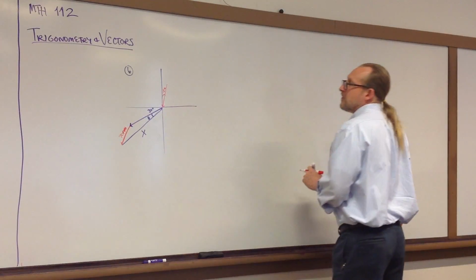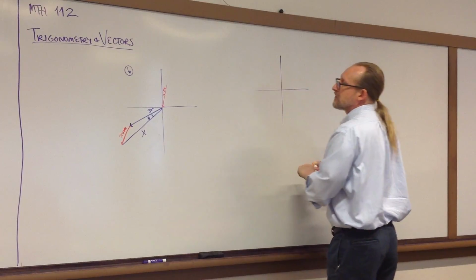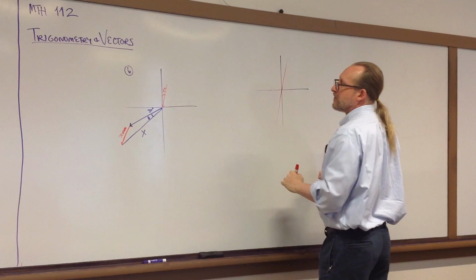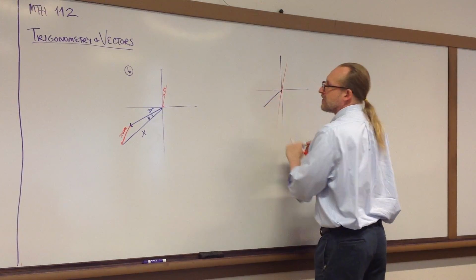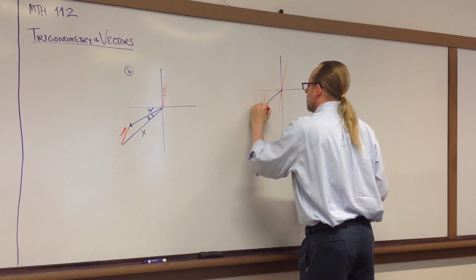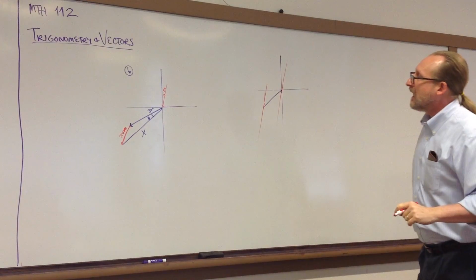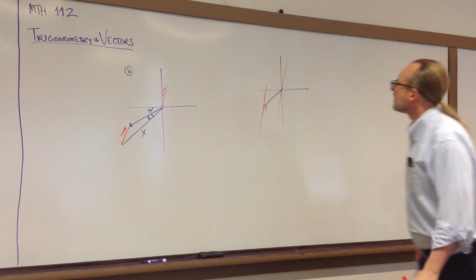We've got our north, south, east, and west, and there's one of the wind vectors. Here's the helicopter vector, and here's the other wind vector over here. And what we want to know is what's this angle in here.